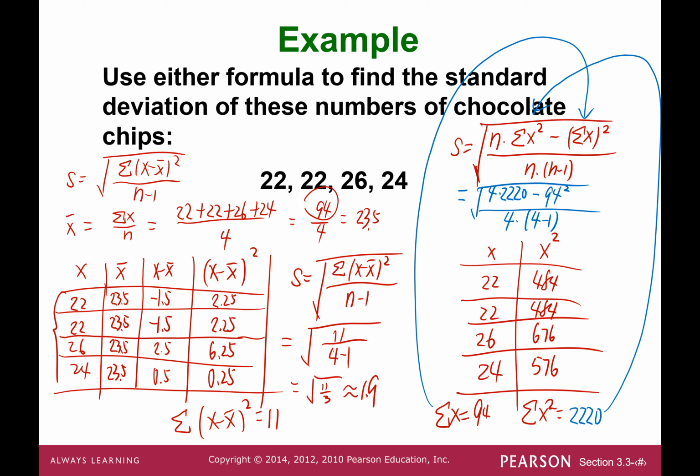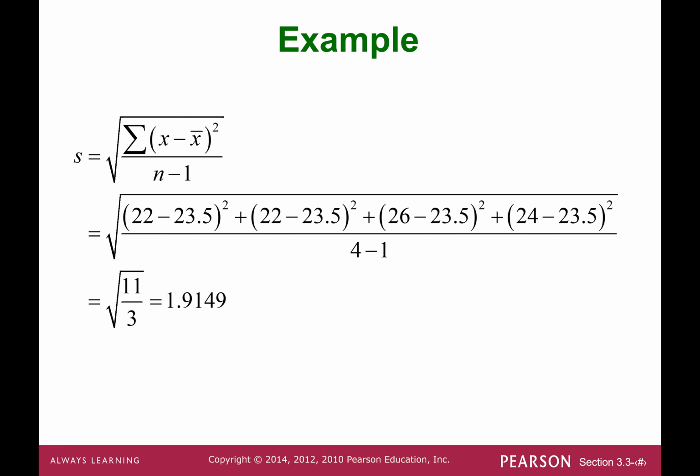If you simplify, you also end up with radical 11 over 3. This is exactly the same result. So it's totally up to you to see which one you prefer to use. But the second formula is a shortcut formula, a lot less work to get to the standard deviation. And you can confirm your answer.